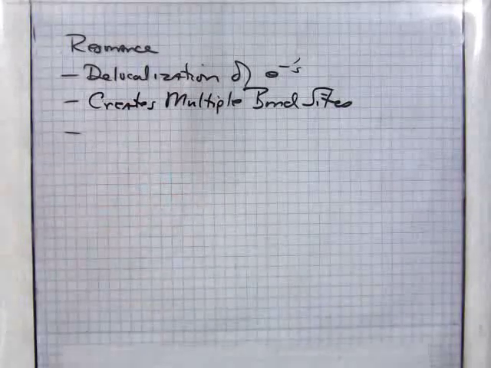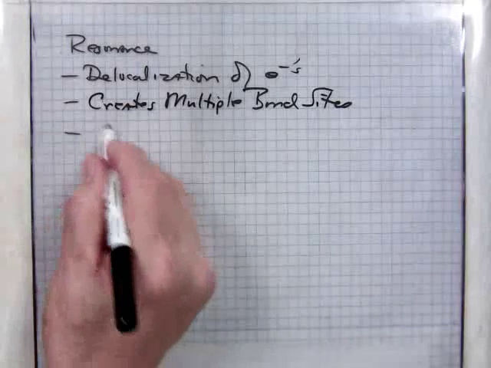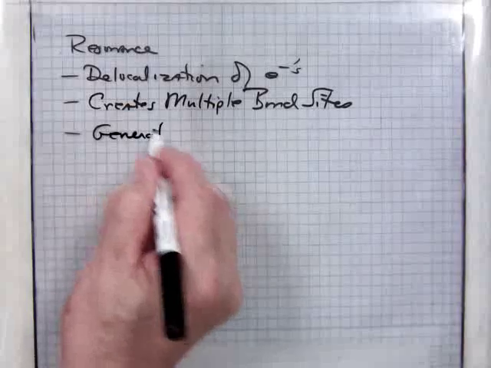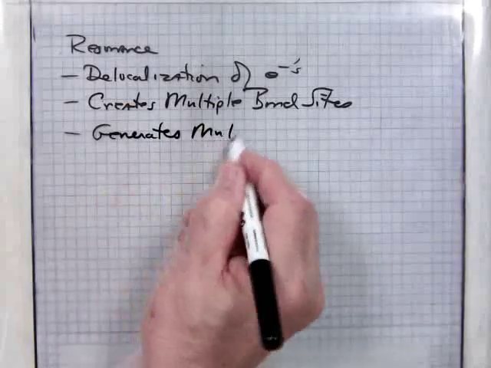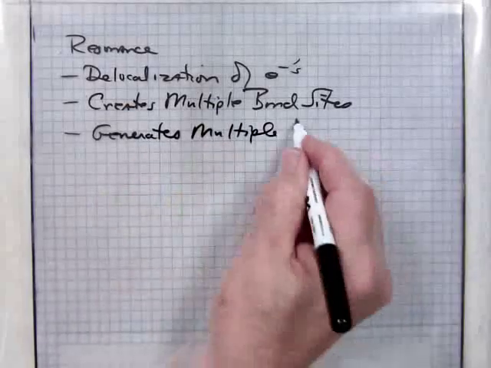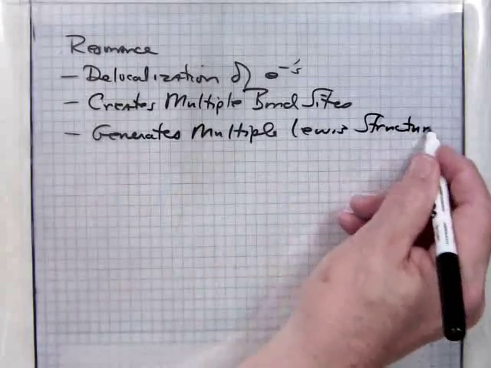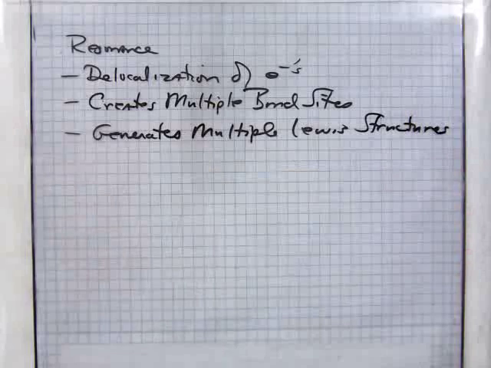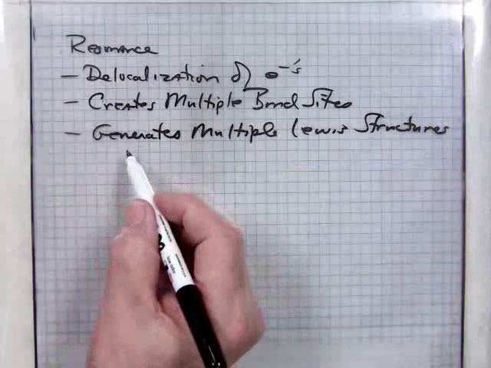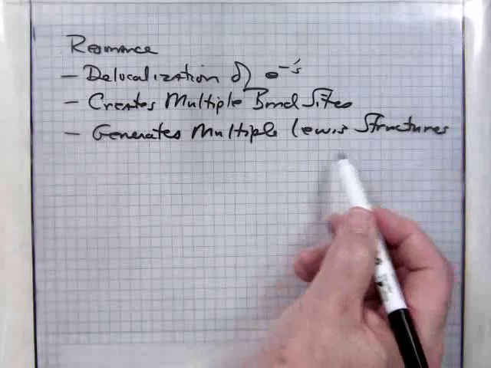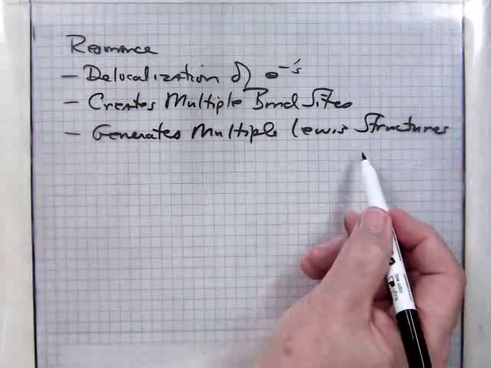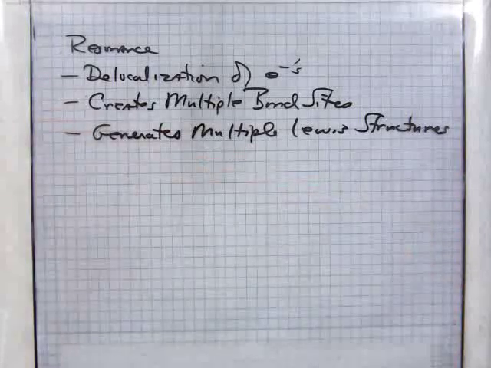Resonance generates multiple dot structures or Lewis structures. And by definition, if multiple resonant Lewis structures can be drawn for a molecule, like I did with the SO2, it demonstrates resonance.